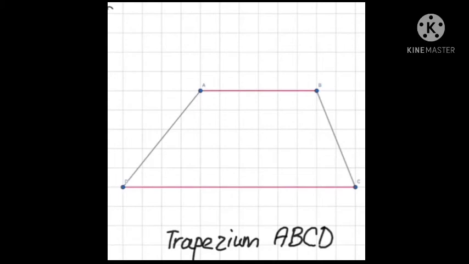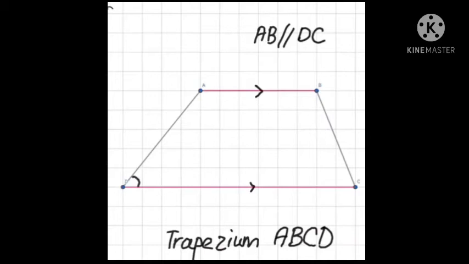Here is given trapezium ABCD with the two parallel sides AB and DC, with non-parallel sides AD and BC.